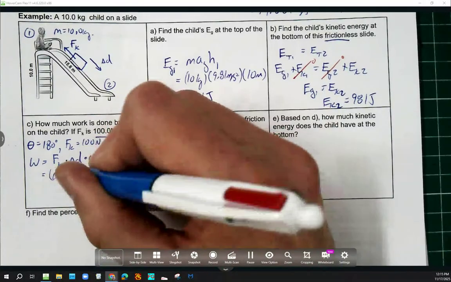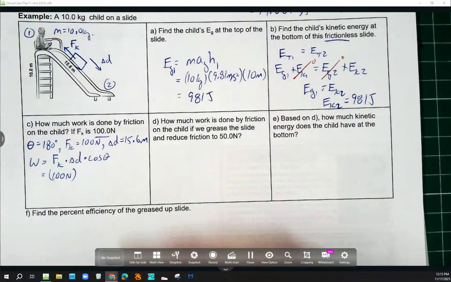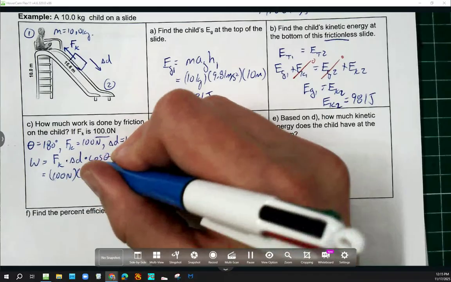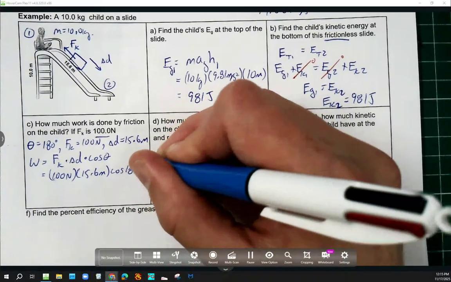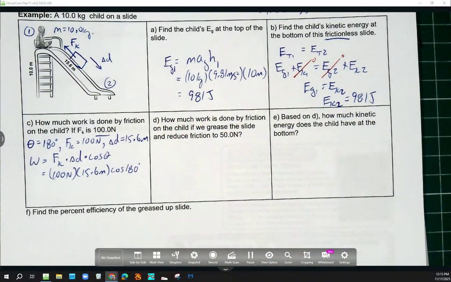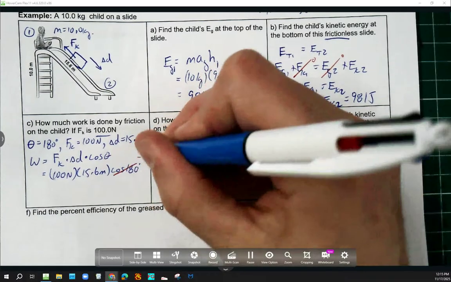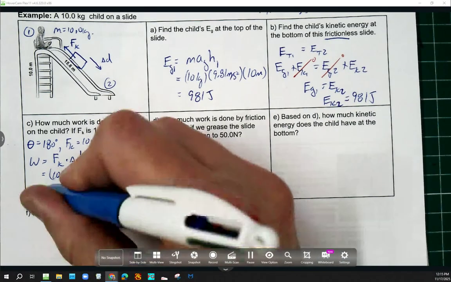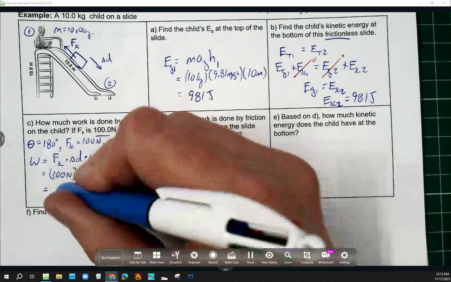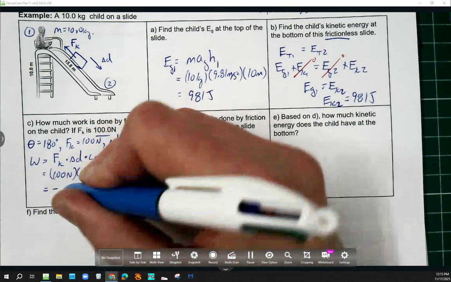Remember, I don't have to care about reference frames because the angle takes care of it. Times 15.6 meters times cos of 180. What's special about cos of 180? It's equal to, yeah, -1. Great. So I don't even have to type that in. I've got it. And I've left some numbers nice and round here. So what's 100 times 15.6? Yeah. Negative 15,600. Close. Sorry, 1,500.